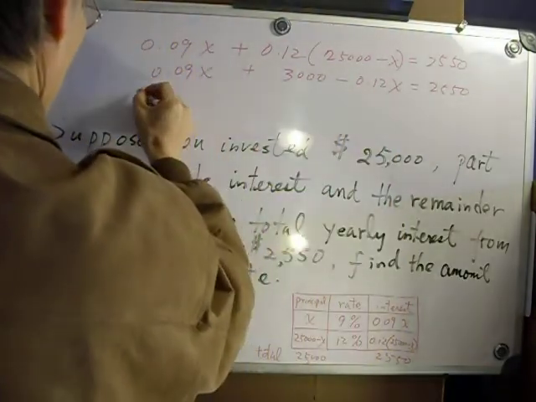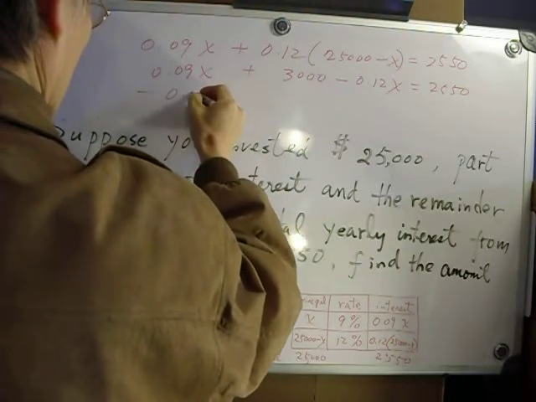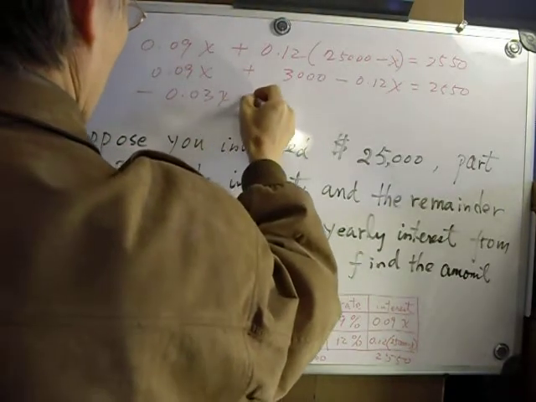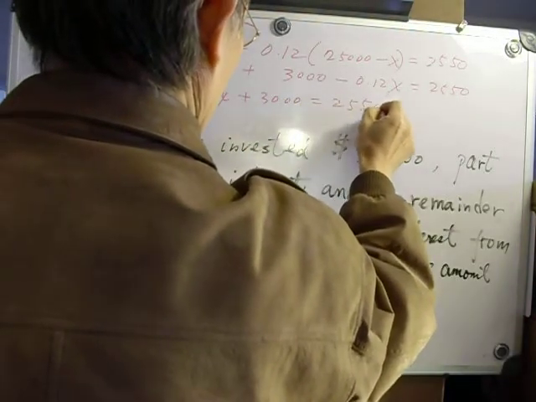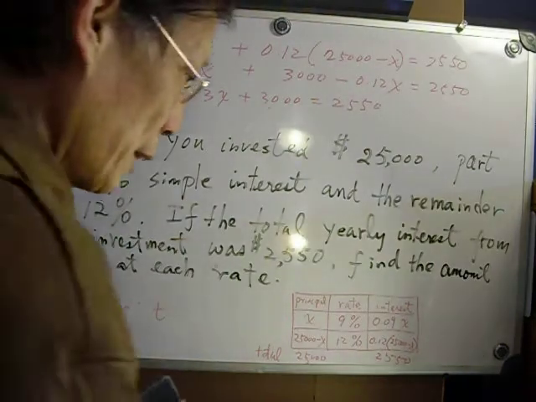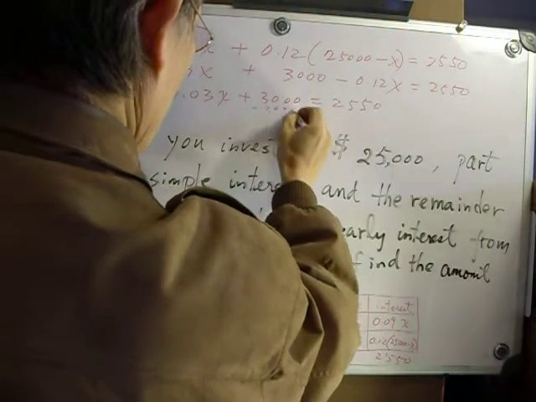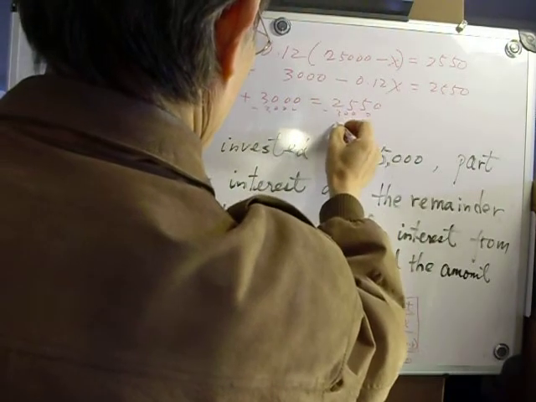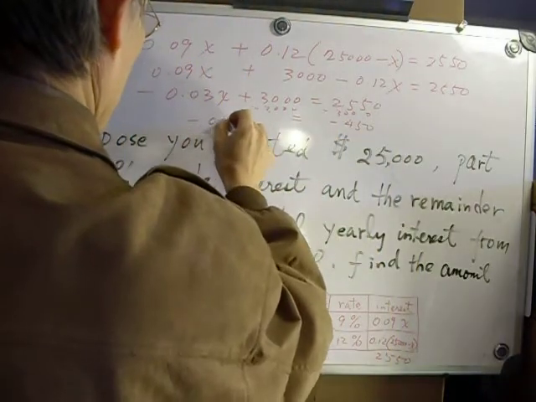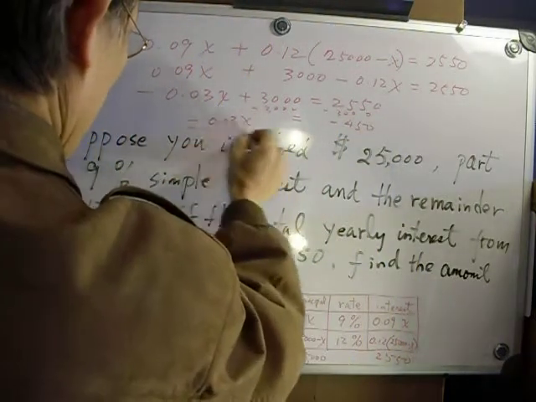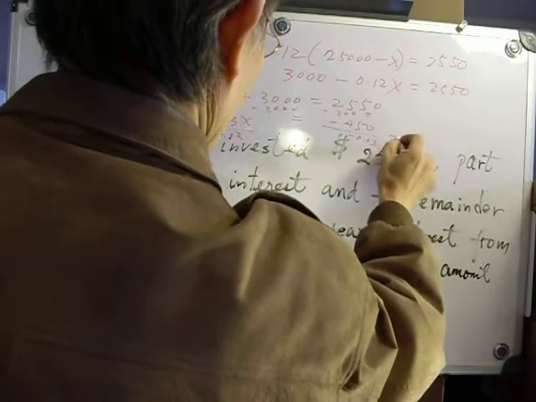The negative number is a little larger, so you use the larger number, subtract the smaller number, absolute. You get negative 0.03x plus 3,000 equals 2,550. And then you subtract 3,000 from both sides. So you get negative 450, negative 0.03x. Supposed to be both negative. And then divide by negative 0.03.